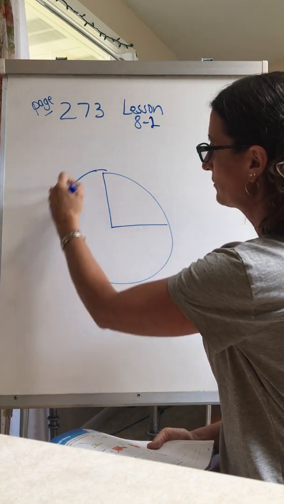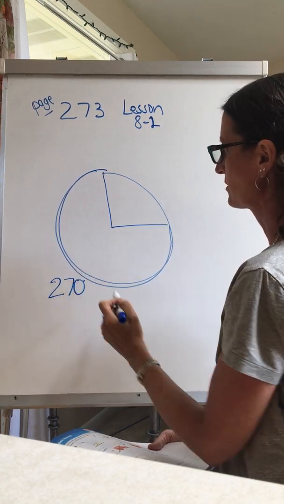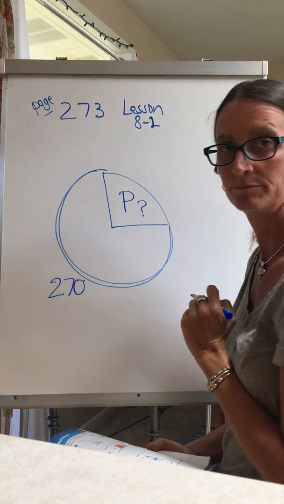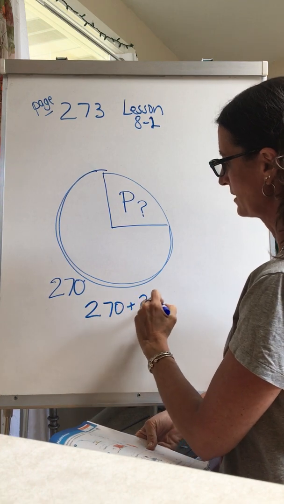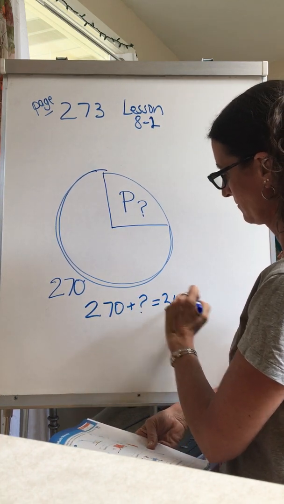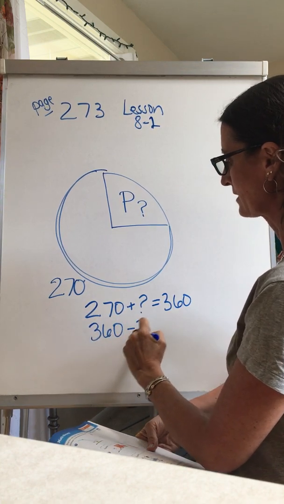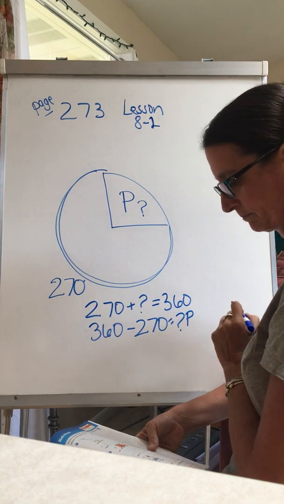And if all of this part over here is 270 degrees, then the part of the pizza is what? So 270 plus what equals 360, or 360 minus 270 equals what? And that's letter P.